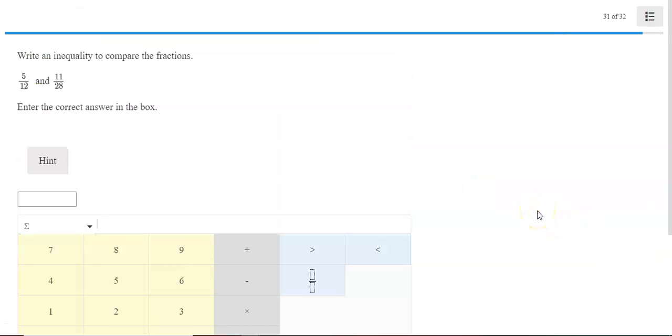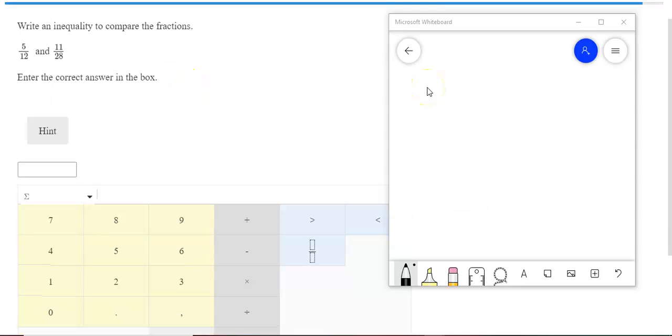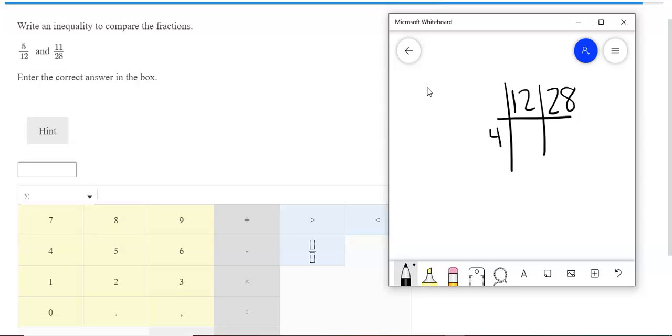Okay, let's look at our next one. Okay, so let's find our denominator for 12 and 28. 4 times 3 is 12, and 4 times 7 is 28. So we're going to multiply those together. 4 times 3 is 12, and 12 times 7, if you need to do that, you can come over here, and you get 84.